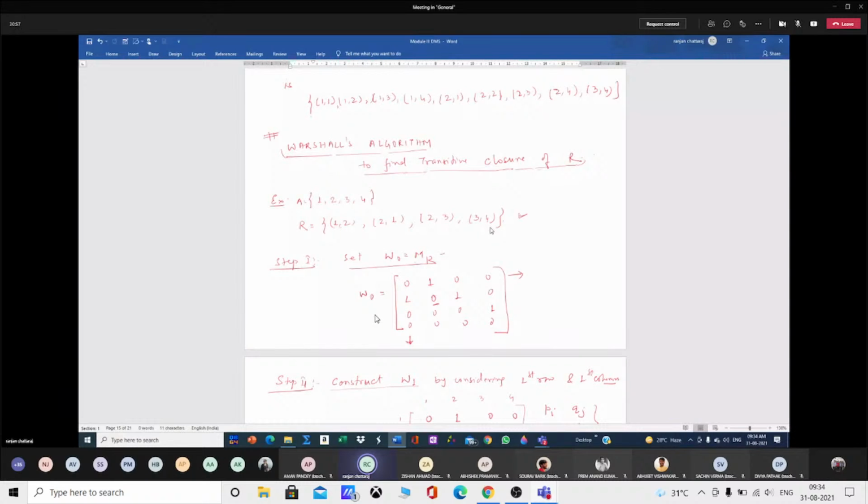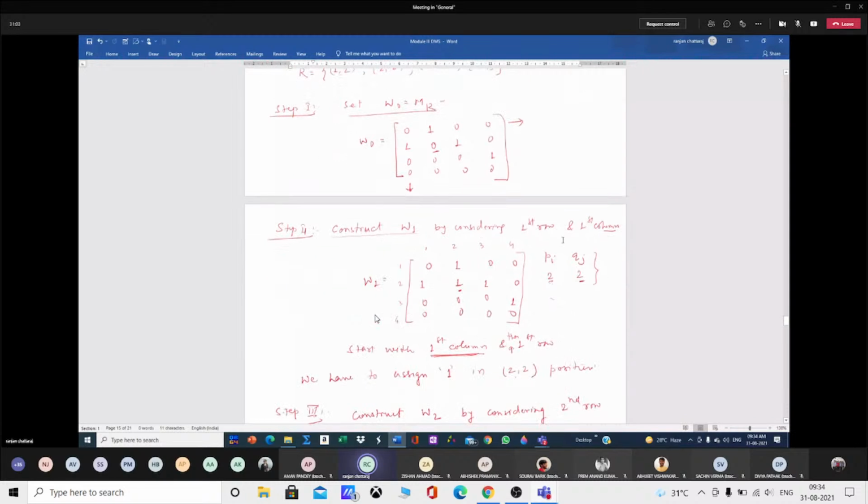Next, this is simply W naught. How can we construct W1? In W1, we should construct a blank matrix.